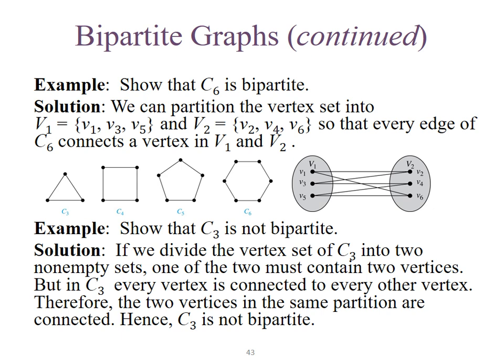So in this case, we can bipartition the vertices into two disjoint sets, V1 and V2. Then we call this graph a bipartite graph.